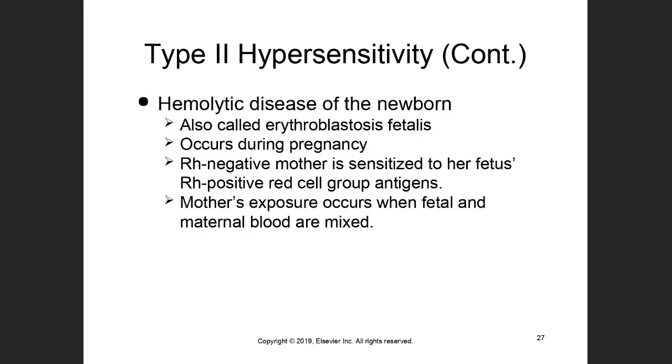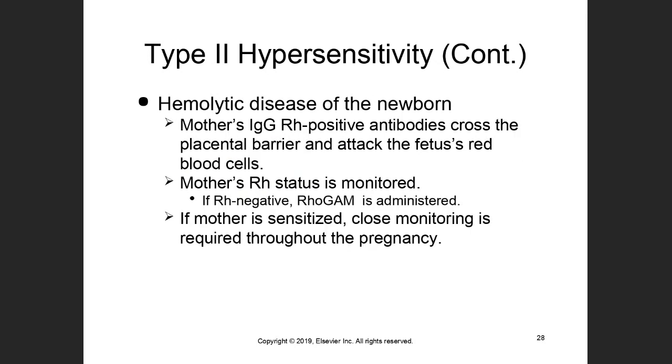Okay, the mother has to be Rh negative, and the baby has to be Rh positive, and it is always in the second pregnancy. Okay, because in the first pregnancy, the mother developed the antibody, and then in the second pregnancy, the mother transferred those antibodies to the baby, and then produce the lysis of the red blood cell, that is destruction of the red blood cell.